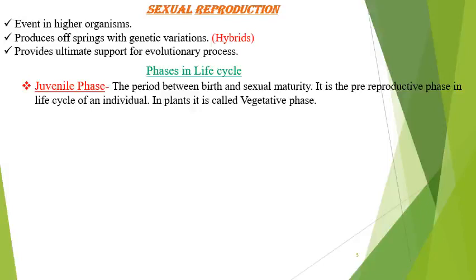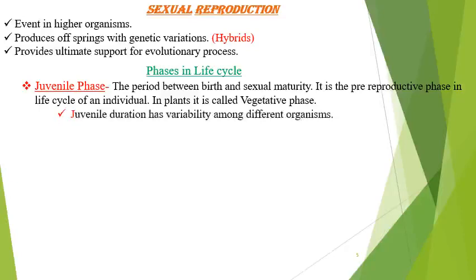It is the pre-reproductive phase in the life cycle of an individual, and when we consider the juvenile phase in plants, it is called the vegetative phase. Whenever in plants there is the formation of a flower, that is considered the end of the vegetative phase.